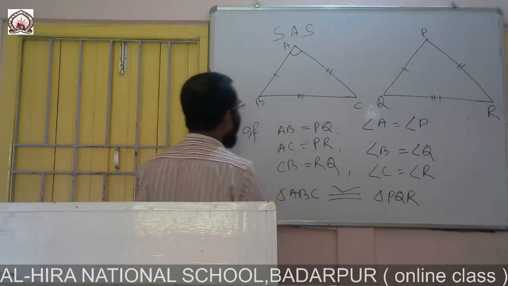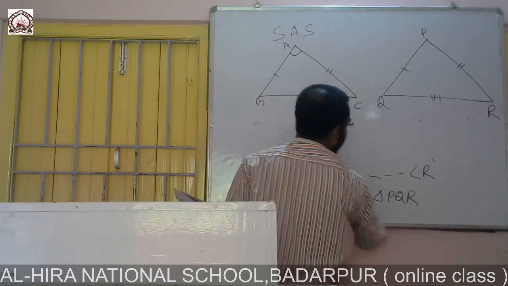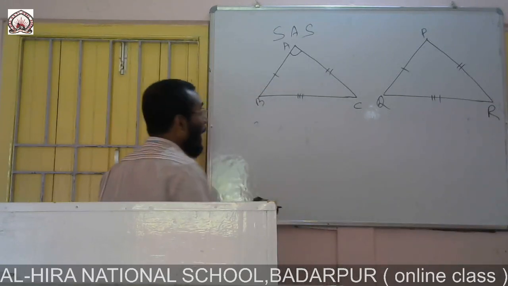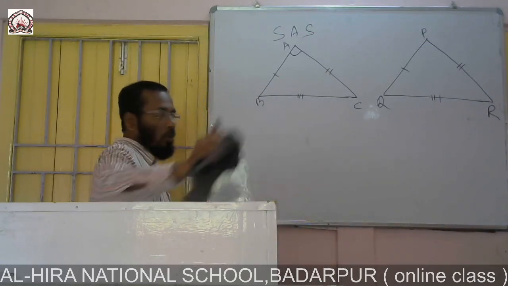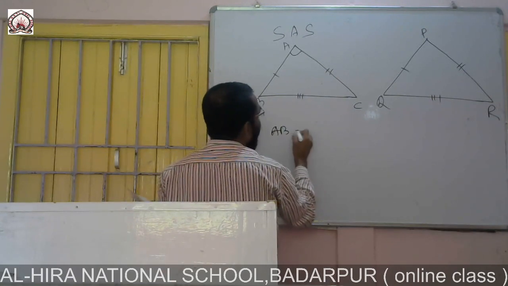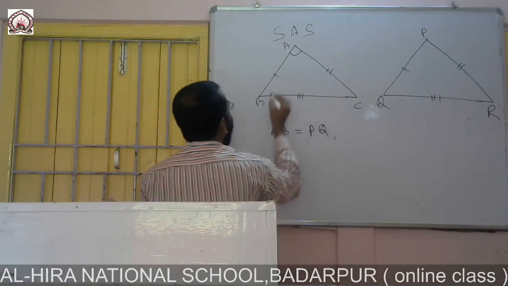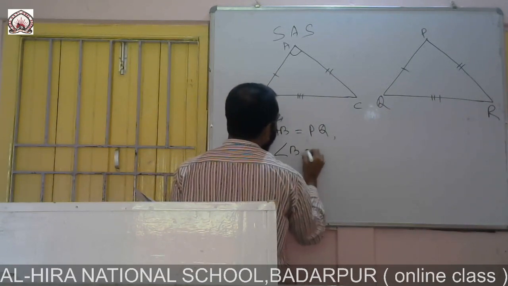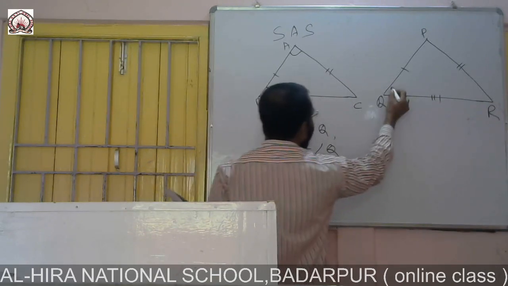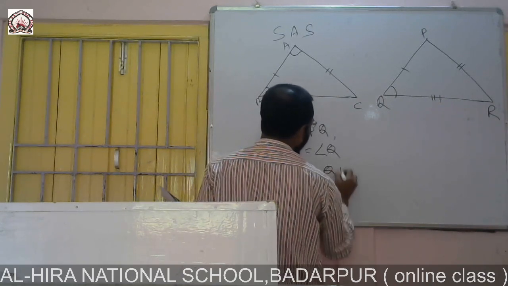In another way we can say, the first property is side angle side. Side means AB is equal to PQ, and then angle B is equal to angle Q, and side BC is equal to QR.